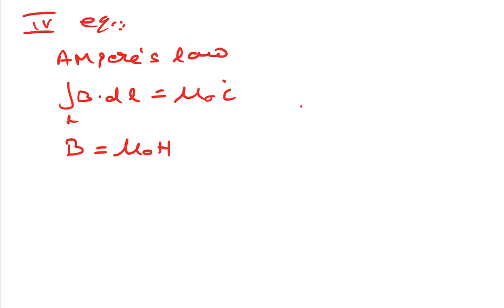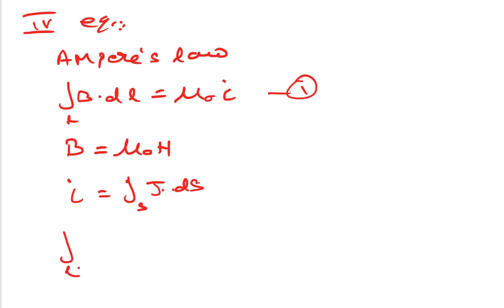We'll substitute here. Let it be equation 1. And we know that current I equals J dot ds over a surface.